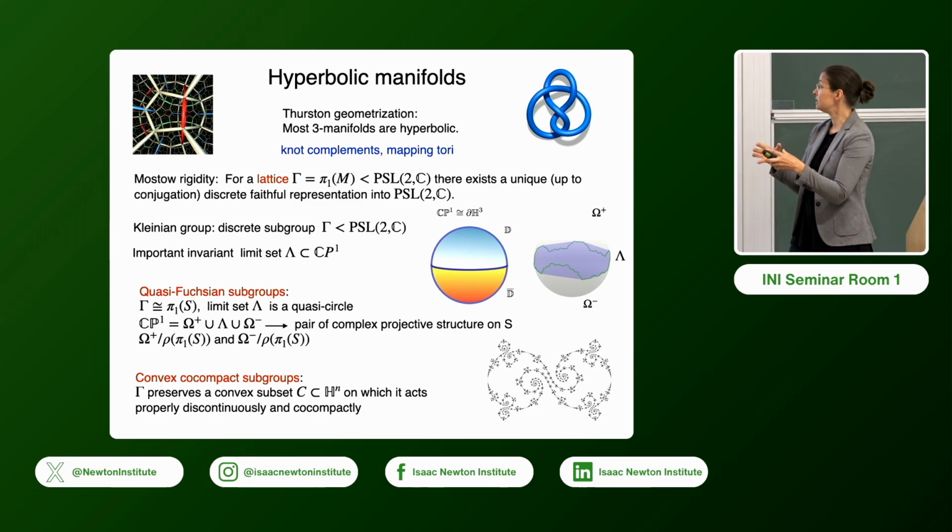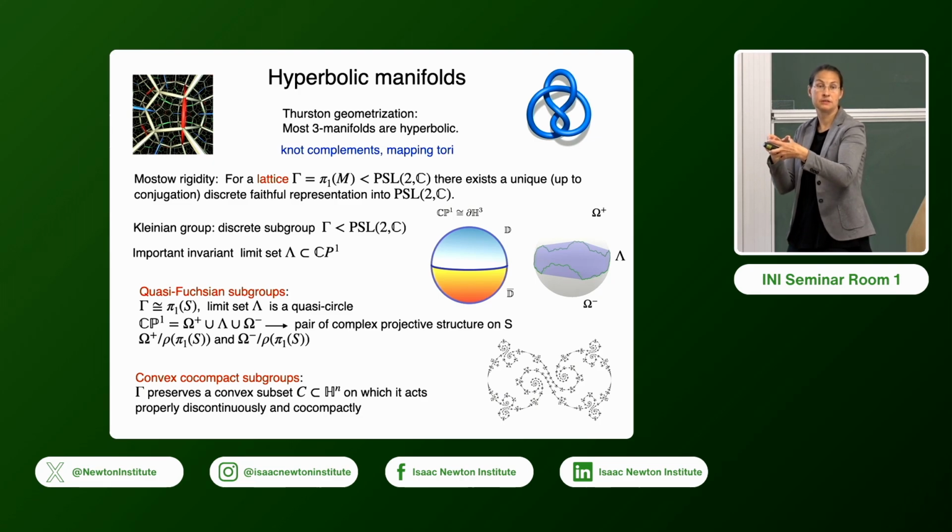So what changes? The boundary circle, which was the limit set of the surface group embedded in H2, so all the accumulation points of my orbit if I go out to infinity, changes to the limit set in the sphere at infinity, CP1, and this round circle will become a quasi-circle.